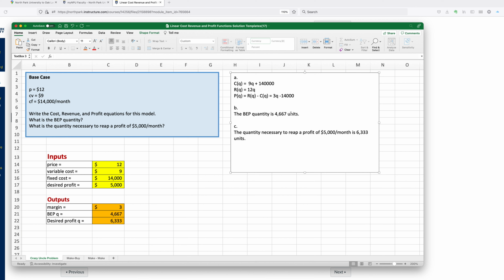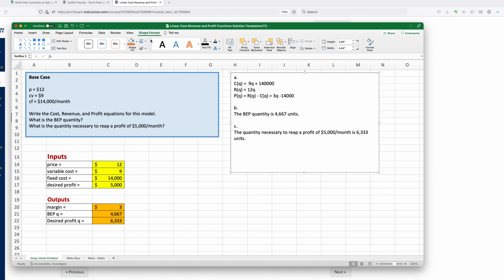Now, if I want, I can make this look pretty. If I click on the whole box and go to shape format, let's say I want to make the shape a little bit orange and put some color to it.